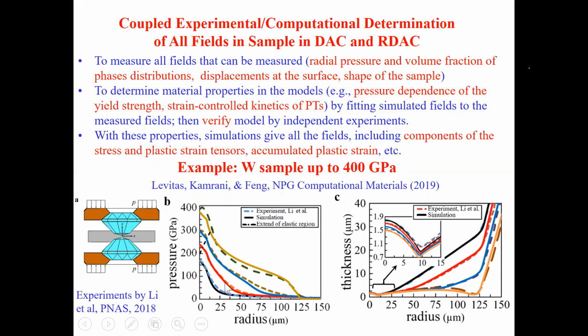You see 4 experimental pressure distributions and 4 distributions of sample profile. Then we used our macroscale model to model these 2 situations and calibrated it by fitting to this curve. And that's it. Then we made predictions for higher pressure, and you see quite good correspondence between theory and experiment.